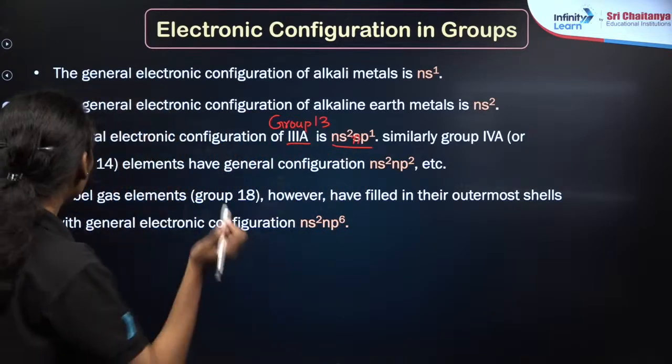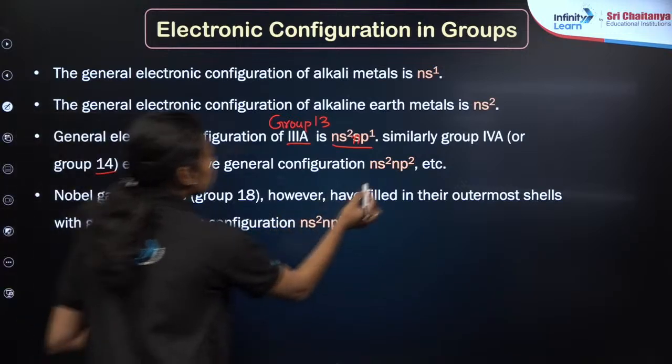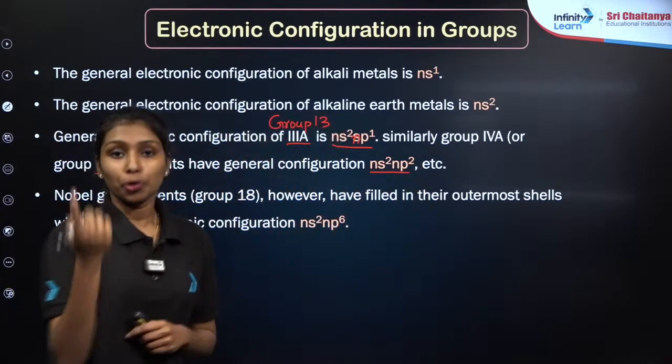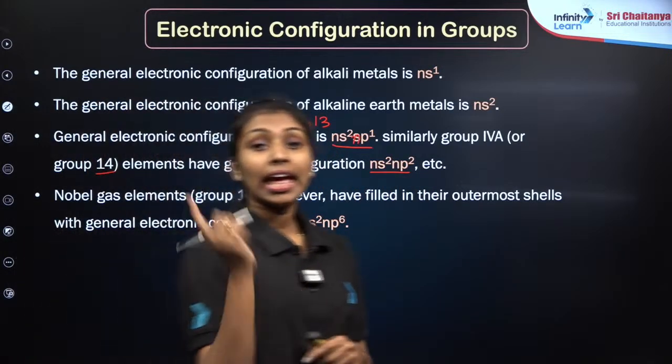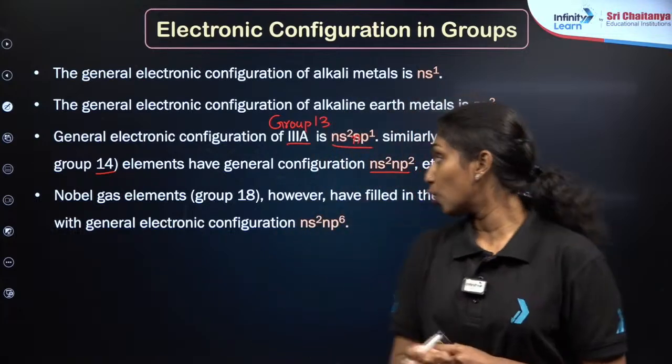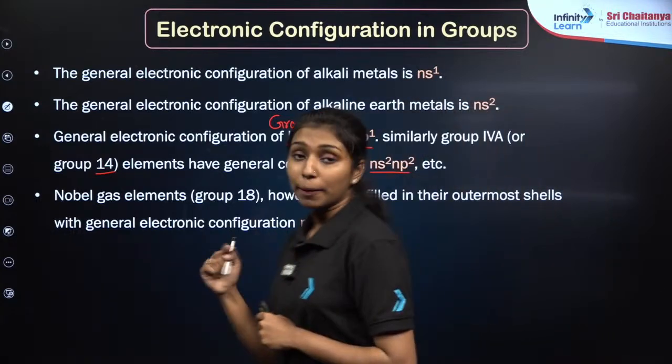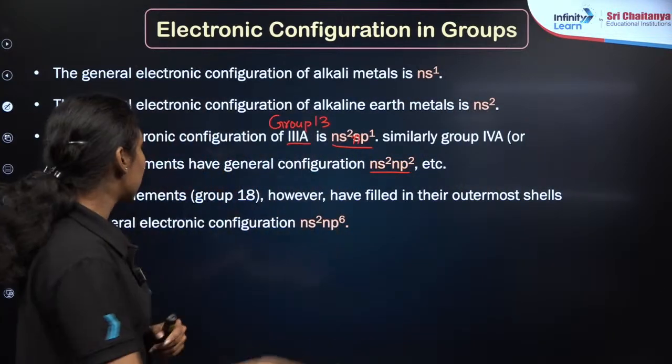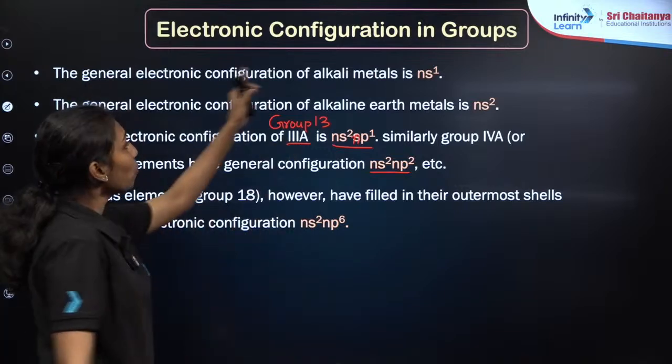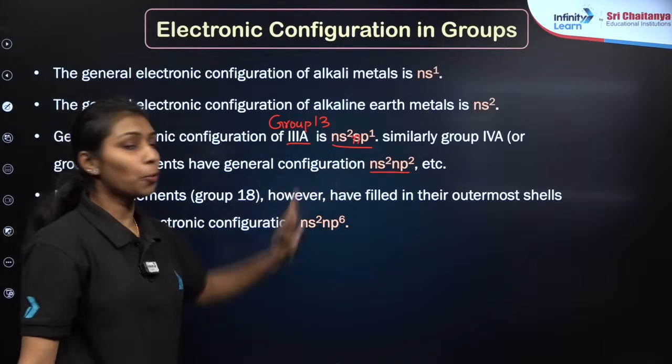Then for group 14, it will be ns2np2. Similarly, for group 15, ns2np3. For group 16, ns2np4 and group 17, ns2np5. This will be the general electronic configuration of group 13 to 17 elements.